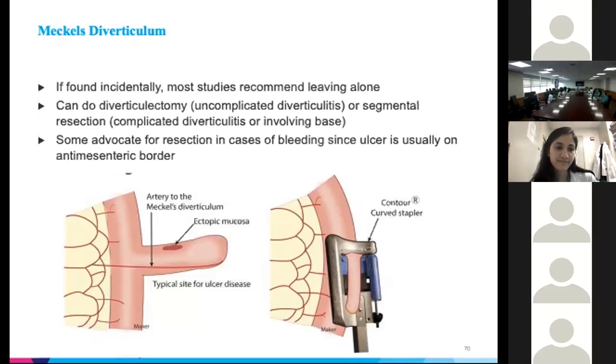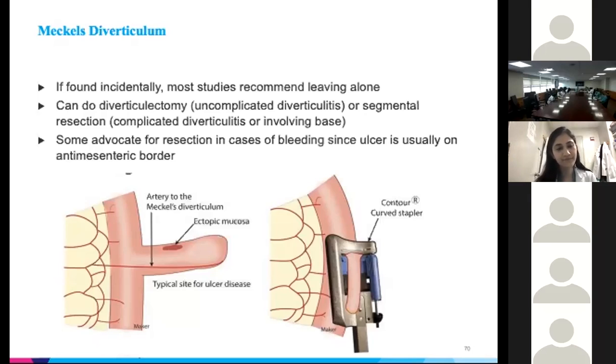But if there's no indication, you leave it alone because that's the site where you could have a leak if it happens. So usually broad-based diverticuli are left alone. Chances are it's not going to be obstructed. You're not going to know whether it's bleeding or has gastric mucosa unless you send it for pathology.